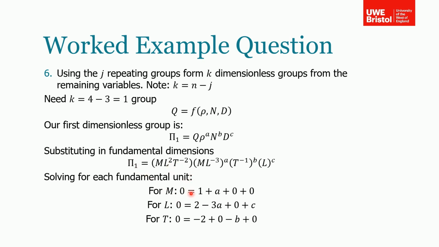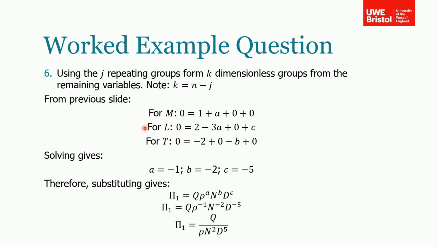We have length squared, so it's 2 for our first term, minus 3A for our second term, no length in the third term, and C for our last term. Then we do it again for time: minus 2 for the first term, no time in the second term, minus B for the third term, and it's not in our last term either. So this is our set of simultaneous equations. We have 3 equations and 3 unknowns, A, B, and C.